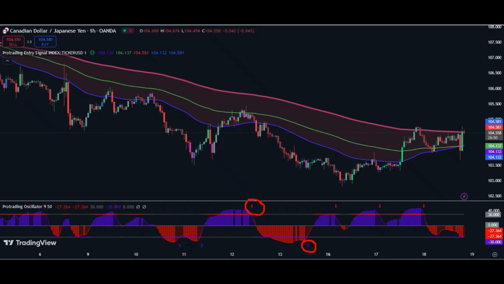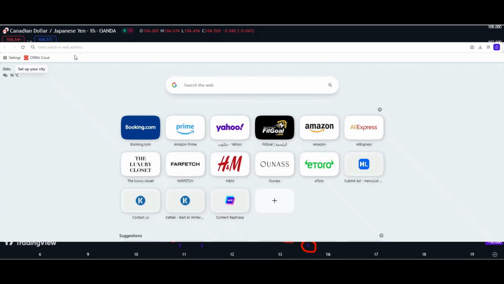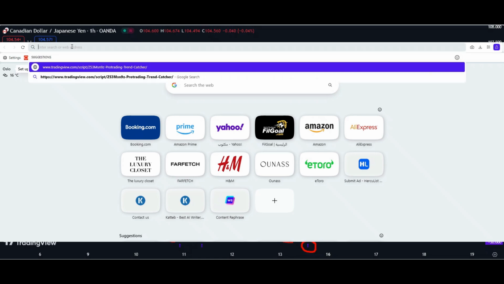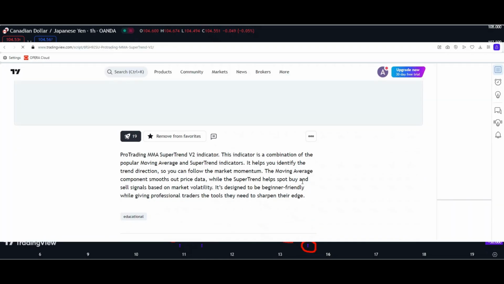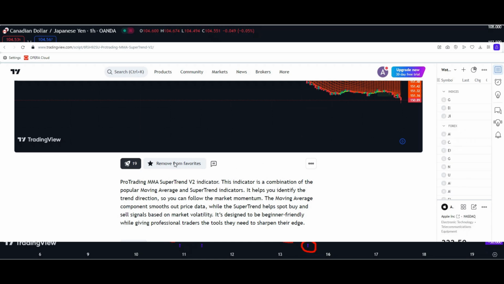So how do we use this indicator? First, to get this indicator, just go to the description box below. There, copy the link for the two indicators and paste it in your browser. Once you paste this link in your browser, you will see the button to add the indicator to your trading account.